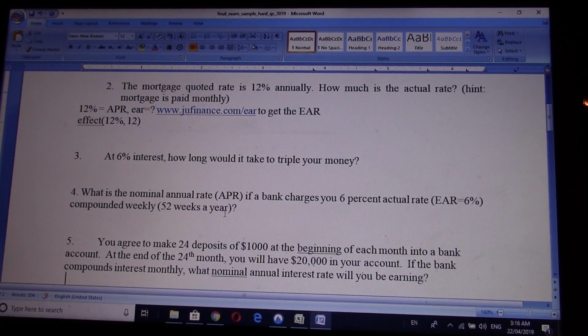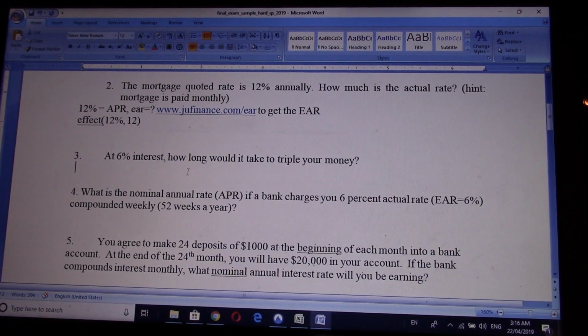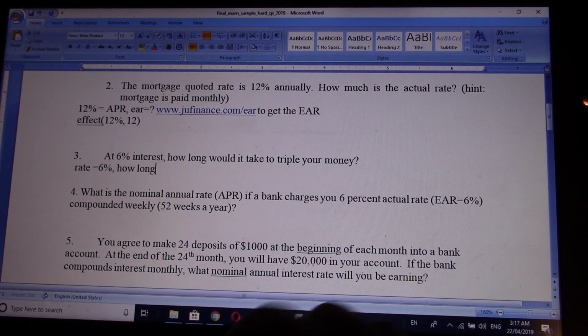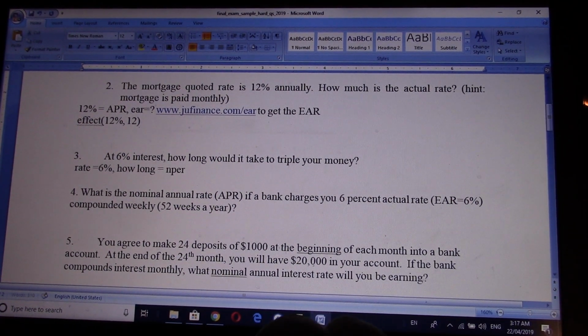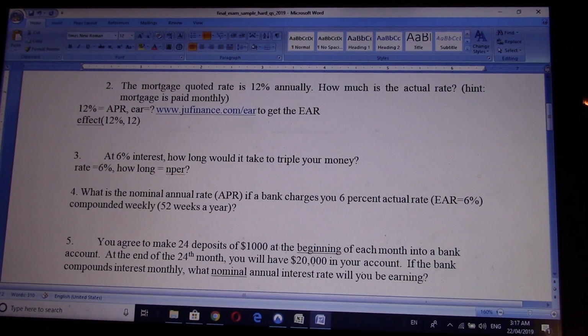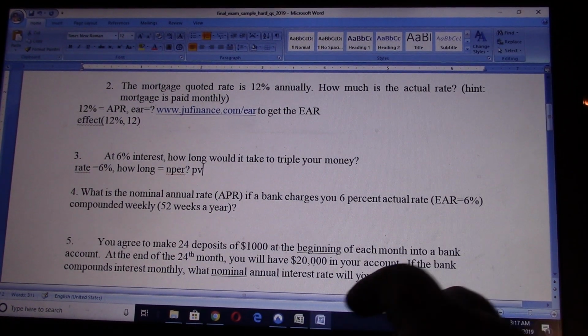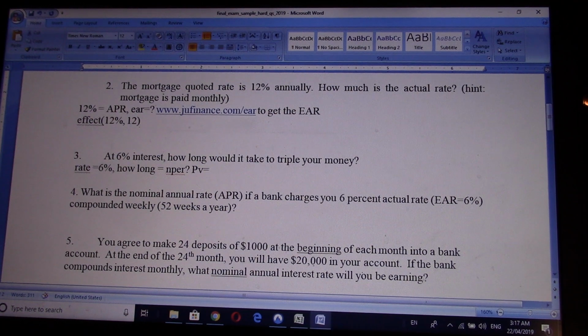So 6% here is your return, so your rate is 6. You want to triple your money, and the question is asking how long. So it's just asking for how much the nper is, and nothing else is given, but you can assume something, for example how much you invested initially, that's PV.